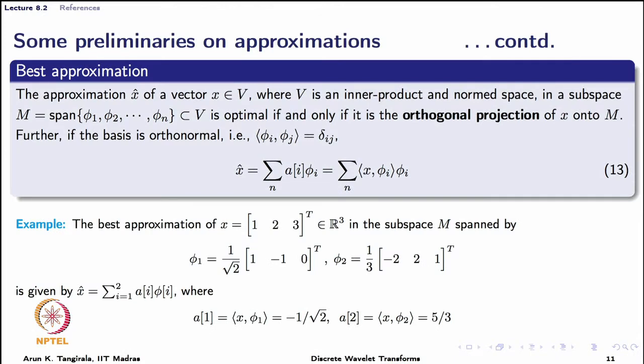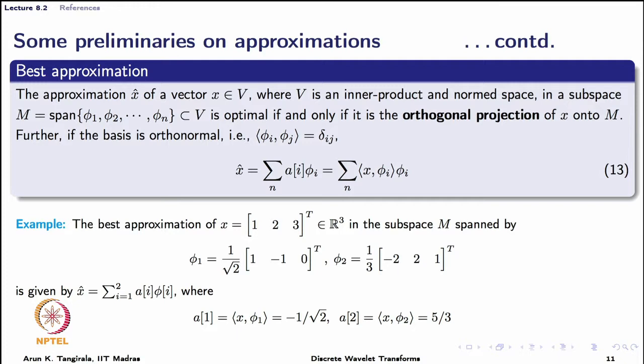The statement essentially says what we have said earlier: the best approximation of a vector x living in a vector space, obtained by projecting it onto a subspace M spanned by basis functions phi, is best only if it is an orthogonal projection.